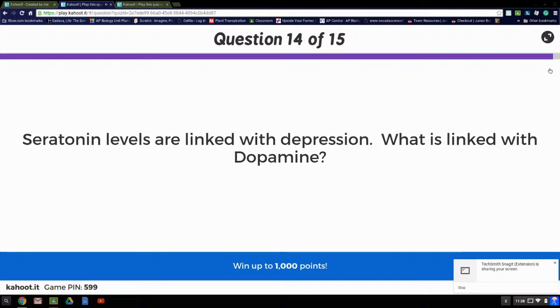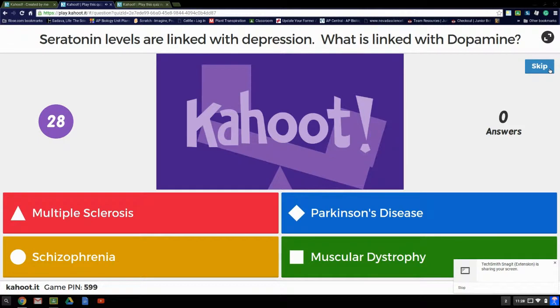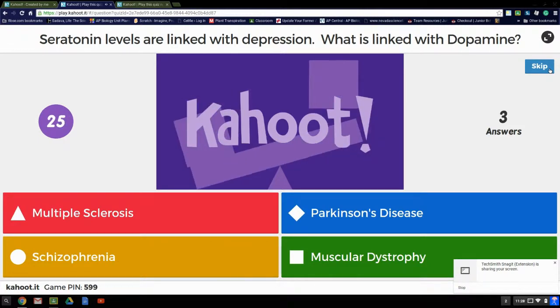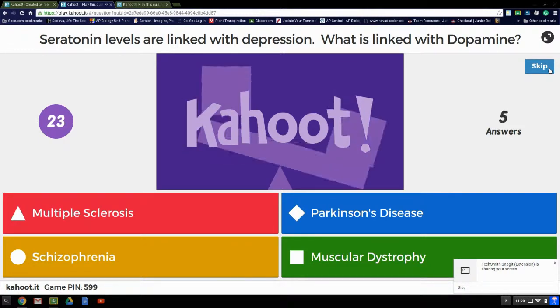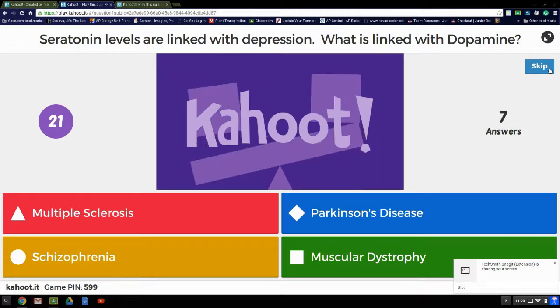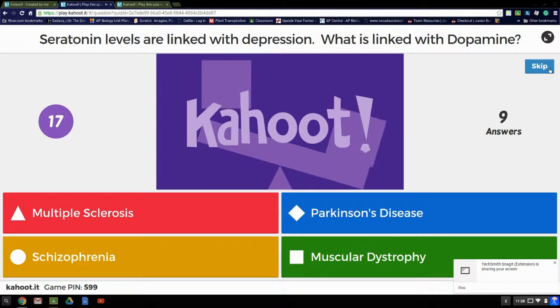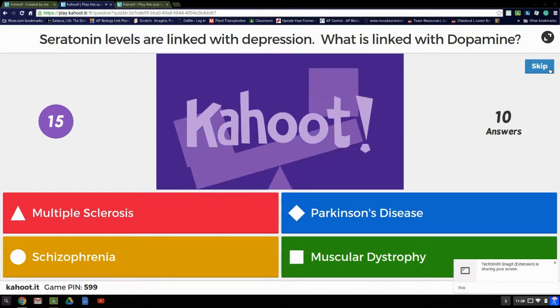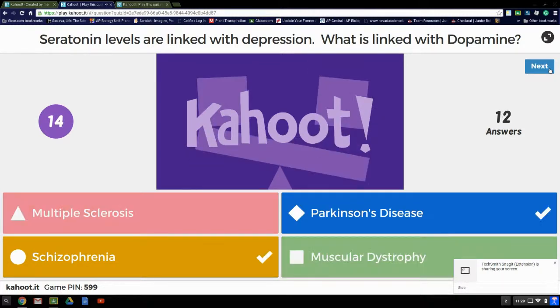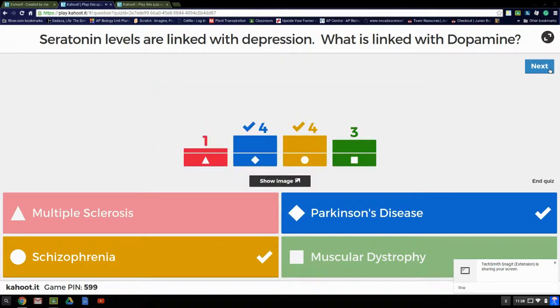So serotonin levels are linked to depression. What is dopamine linked to? There's two options here. It's both. Dopamine is associated with Parkinson's disease. People who have Parkinson's disease have irregular, low levels of dopamine.